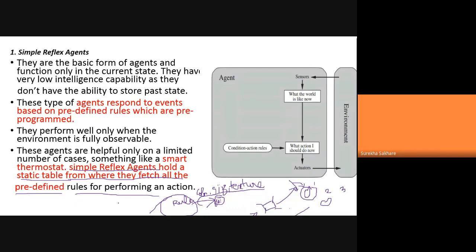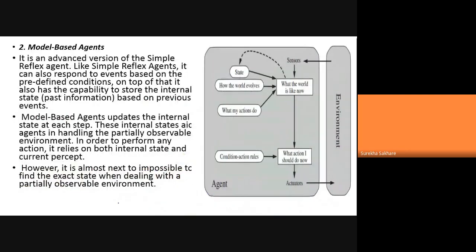So this is done very nicely by the model based agent. This model based agent will always keep on studying what it has already done. Okay, it is an advanced version we can say of the reflex agent.